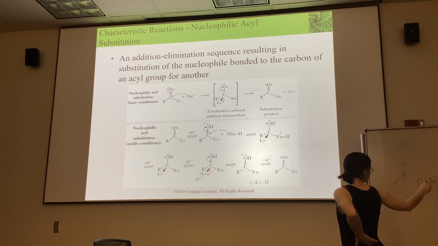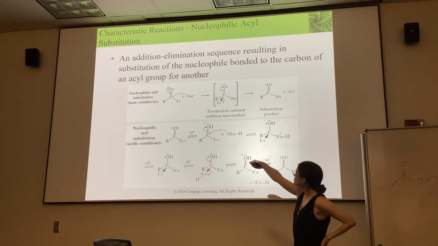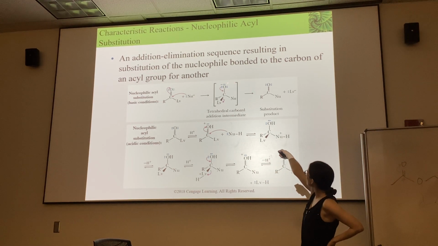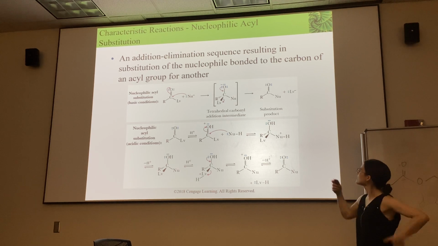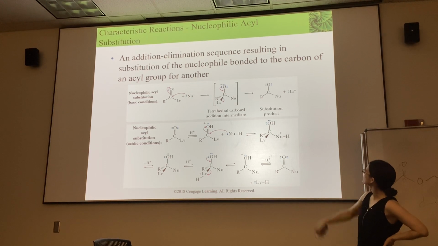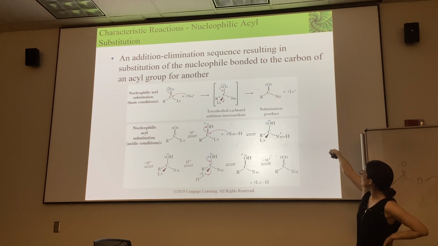We can, well, I guess I drew it right here. You can nucleophilic attack, and then reform that oxygen double bond, because we really like reforming oxygen double bonds, and kick off a leaving group. And then we replaced the leaving group that was there with our new nucleophile.